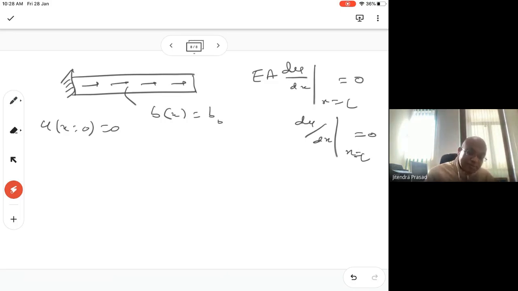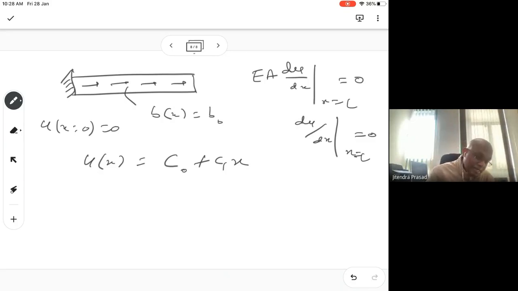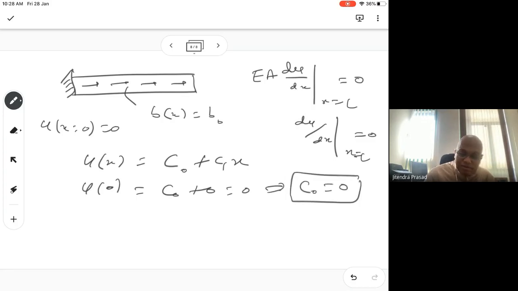And how to find out? In this case also you can start with the value of ux. You will assume c0 plus c1x. Again, it has to satisfy the boundary condition first. So it has the boundary condition, and that is 0 equal to c0 plus 0 equal to 0, so to begin with you have to make c0 equal to 0.